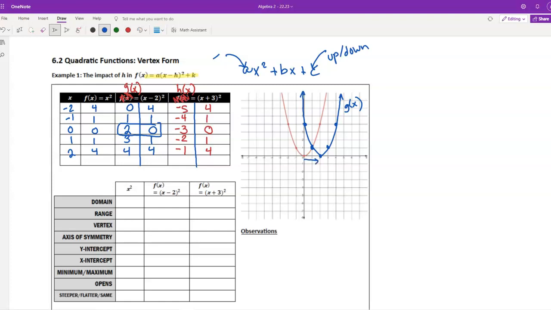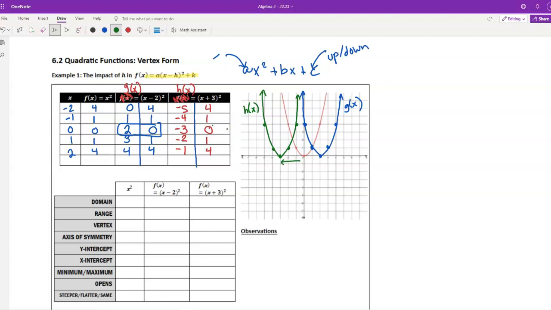Now let's graph h of x. We have -3, 0; -4, 1; -5, 4; and -2, 1; -1, 4. And there is h of x. If we compare it to the parent function, we see that it moved left 3 places.